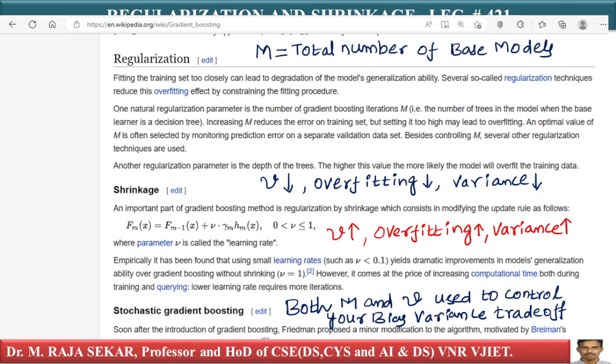So be careful. Always use cross validation to get your hyperparameters. Here you have two hyperparameters, shrinkage nu and number of base models. This is how you control the urge to overfit. So be careful, don't overfit GBDTs.